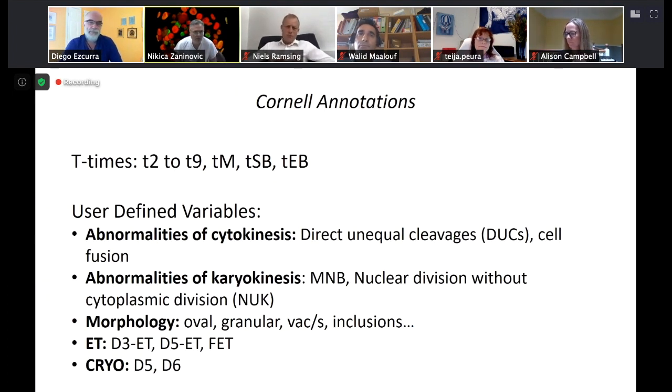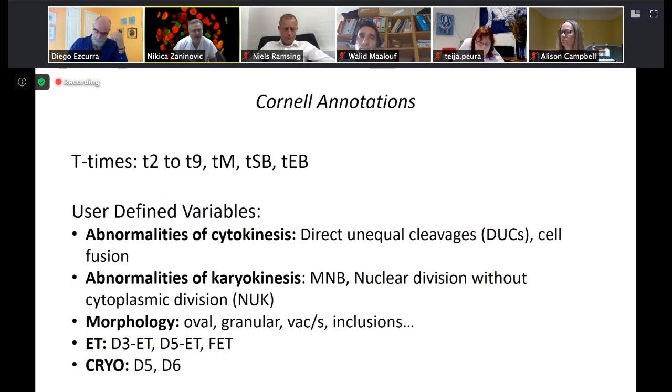At Cornell, we have our own set of annotations. Many things we have to do in-house because many of the available guided annotations or even kit scores are not available in the United States. So we have to do it on our own. We, of course, annotate all the T times, but we are also very high on the user-defined variables.